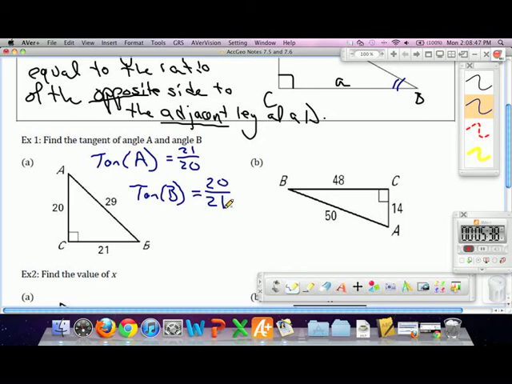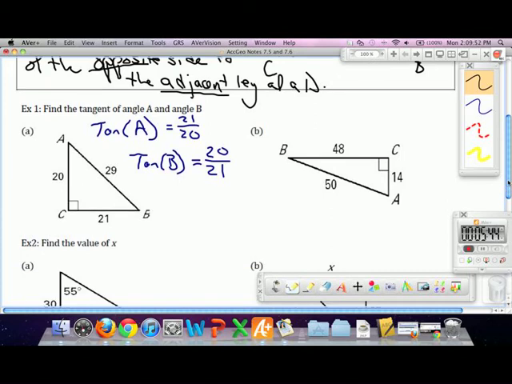Find tangent A and tangent B in example B. Tangent of A would be what, 48 over 14, which is equal to what, 24/7?